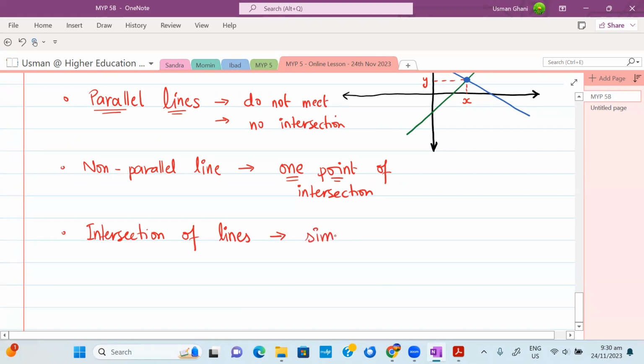याद करो elimination, substitution, हम उसी का एक आसान वर्जन करेंगे। Simultaneous, I forgot an L, right?